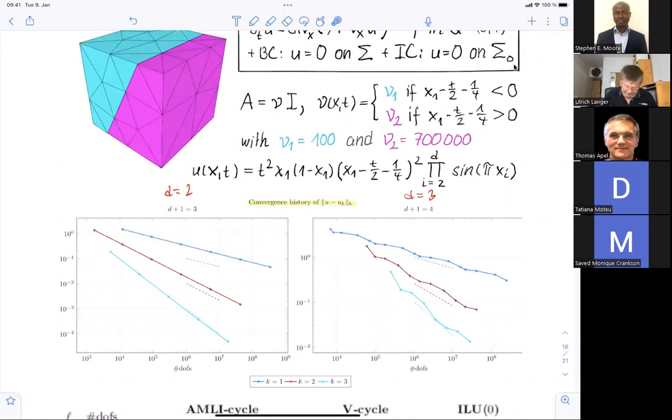And here you see linear, quadratic, and cubic basis functions, and you come to the optimal rate if you use uniform refinement. What we want. Here it looks a bit different, you have also optimal rate, but this is due to bisection. Here we use the usual uniform refinement of tetrahedrons. Here we use the bisection of pentagons.